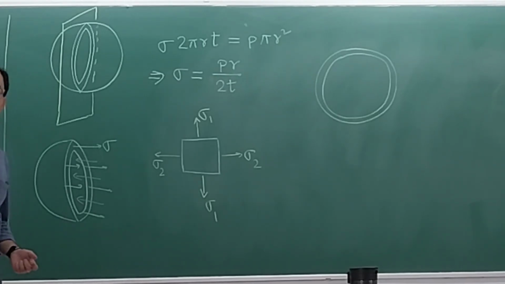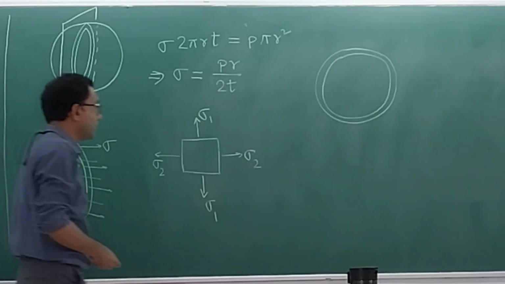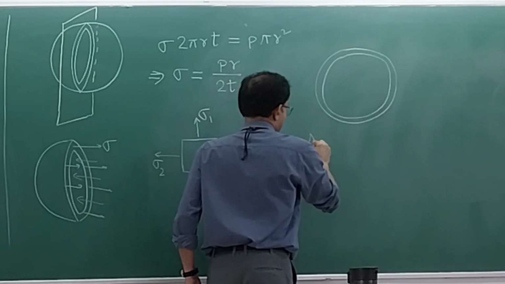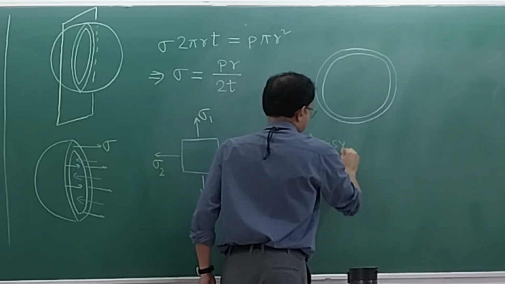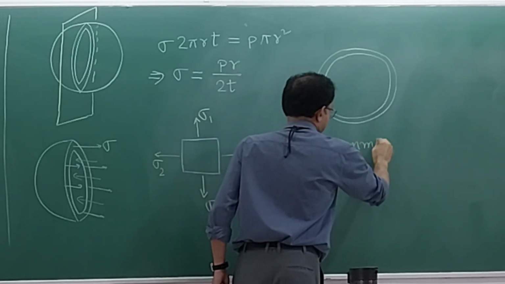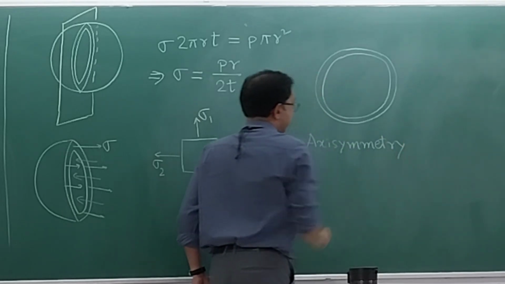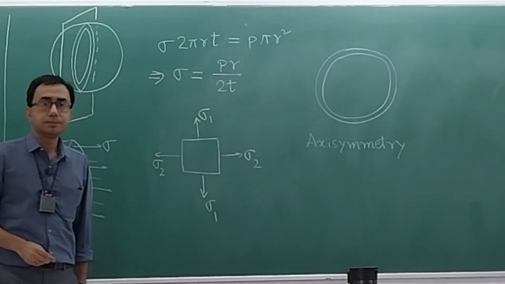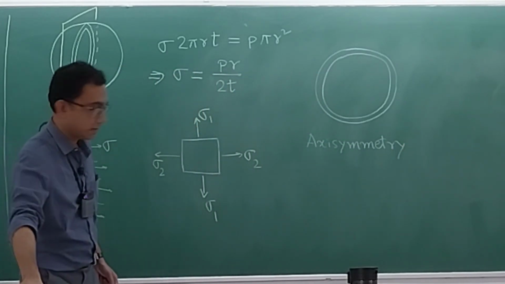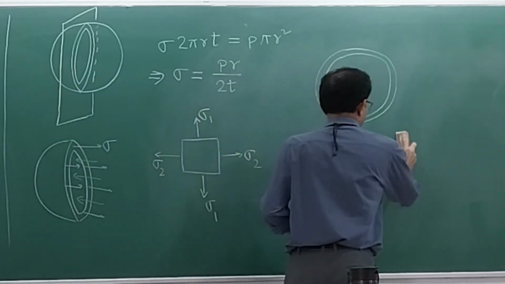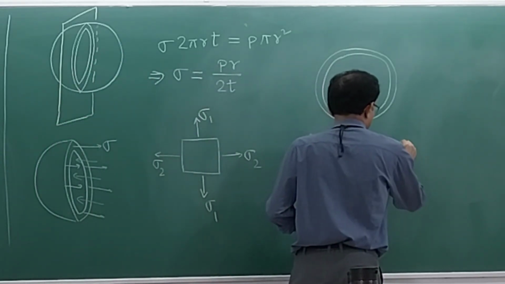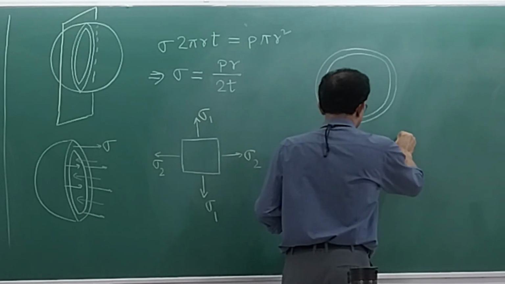Say that loudly. Axisymmetry. So this is an axisymmetric geometry. This is axisymmetric. Good.